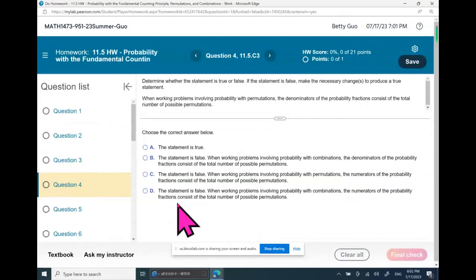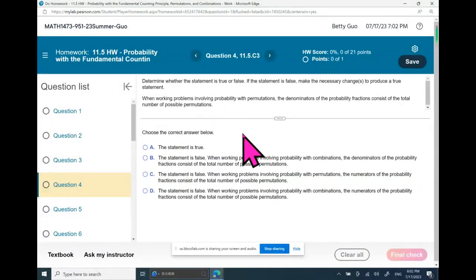Let's start from question number 4. Determine whether the statement is true or false. If the statement is false, make the necessary change to produce a true statement. When working problems involving probability with permutations, the denominators of the probability fractions consist of the total number of possible permutations. This is true.